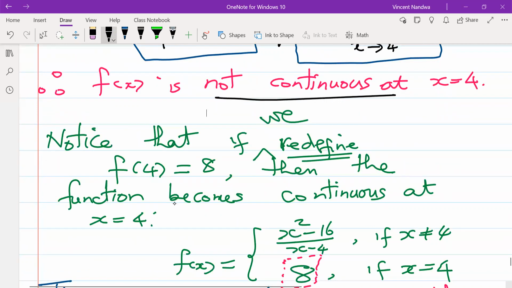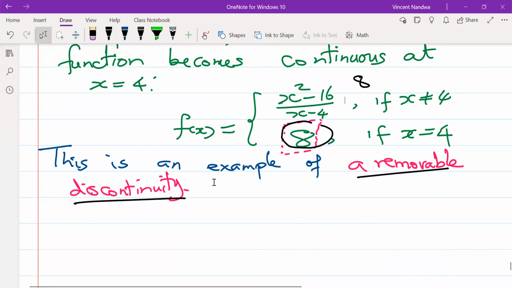So this is just another way of redefining the same thing for it to be continuous. So this number must agree with the limit, which was 8. These are constants. So when you change the constant 15 to 8, is what will make the value of the function agree with the limit.